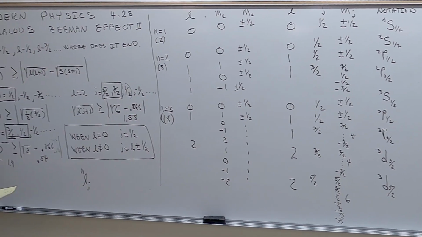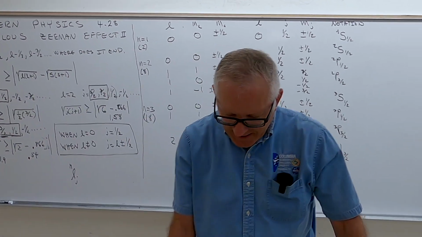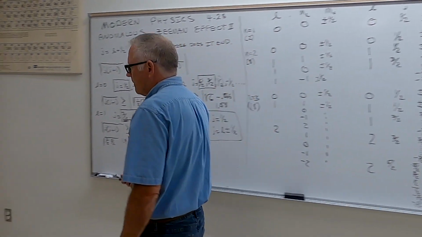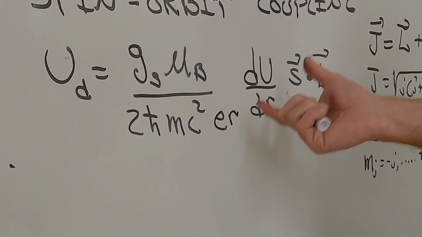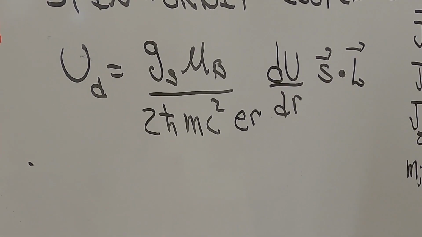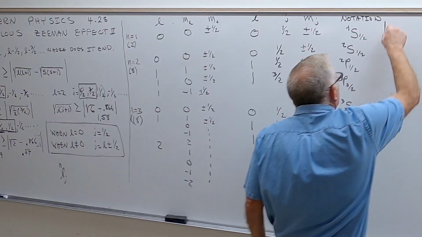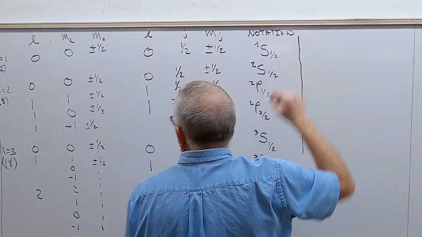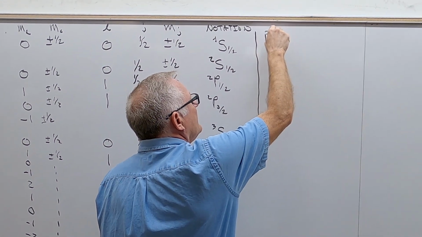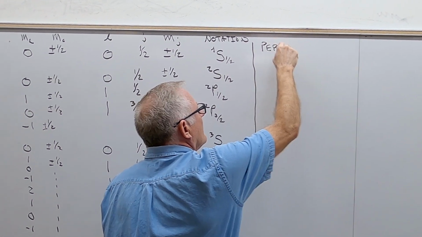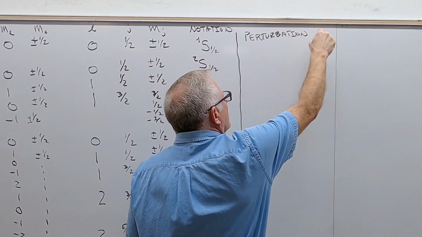Okay, well, now the only thing we haven't done is when we calculated the energy right here, we haven't figured out how much it shifts by. Remember, we said before, when we said something about perturbation theory.